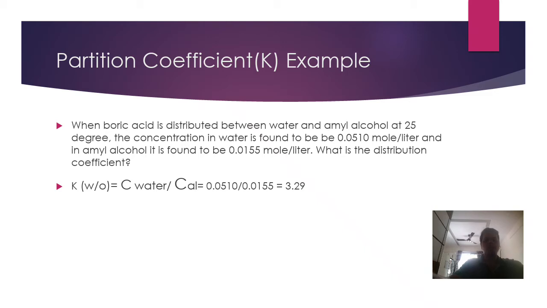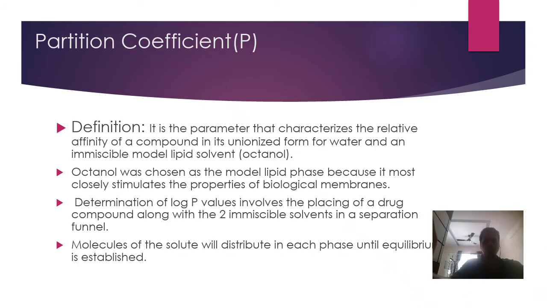So we can find the partition coefficient, or the equilibrium coefficient, by simply taking the ratio of the concentration of water to that of the alcohol, that is 0.0510 divided by 0.0155. So we get the value of the partition coefficient as 3.29.